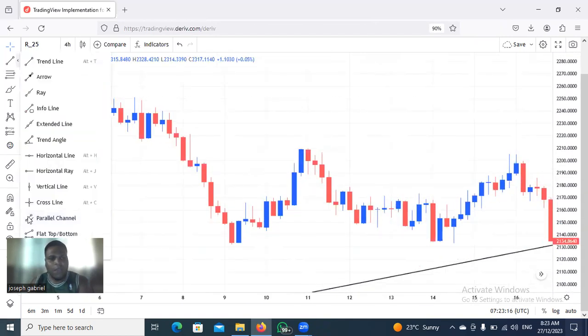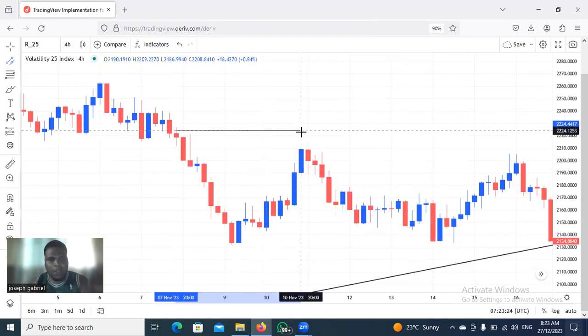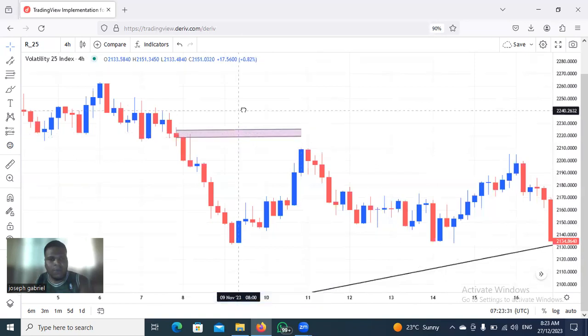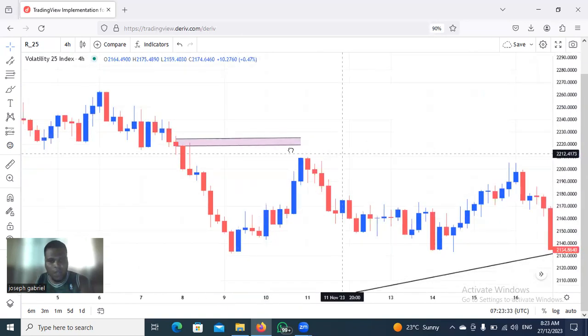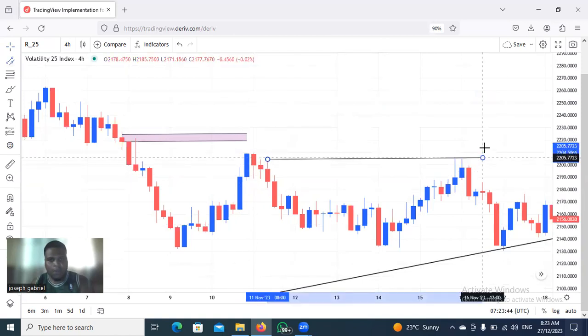You can see an example of the gap we talked about just now. So we have a gap around this place here. So this is our gap. We have a lot of gaps here, and you can also see we had another gap here, a bearish gap. Don't forget this wick here. They'll have the wick at this place. So this becomes our gap here.